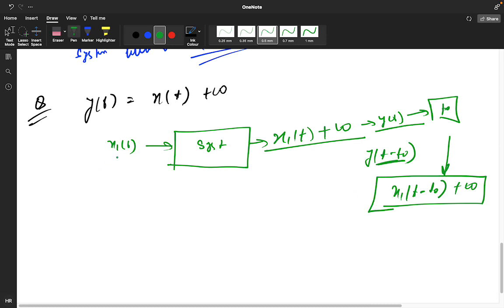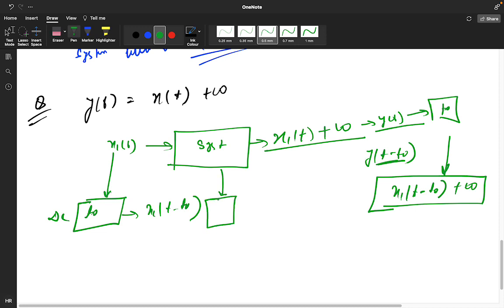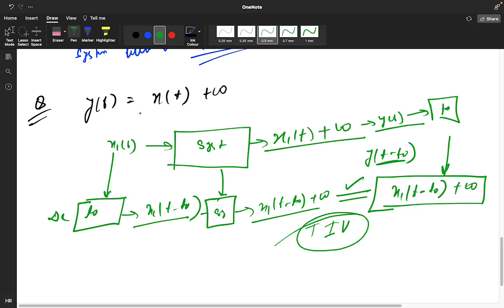Now if you initially delay with t naught, you will get x1 of t minus t naught. Now if you pass it through the system, the input is added with 10, so x1 of t minus t naught plus 10 is coming. These two are the same, so that means it's time invariant. So this is your time invariant example.